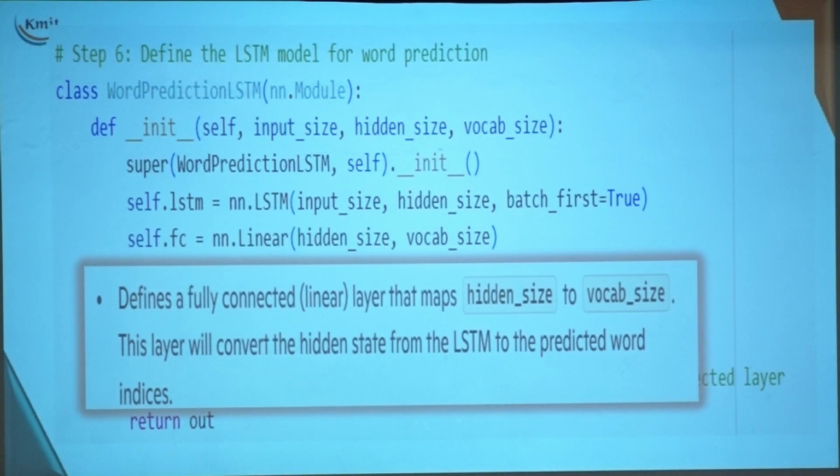Okay, so here I am ending my model by defining a linear layer, which is my fully connected layer, which is going to map my hidden size to my vocabulary size. Now this layer will convert hidden state from LSTM to the predicted word. So basically, out of all the hidden states, there are internal cell states. We don't need all of them here. What do we need?